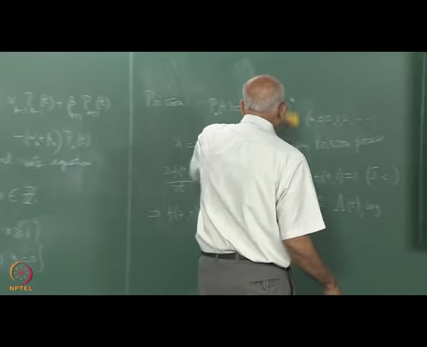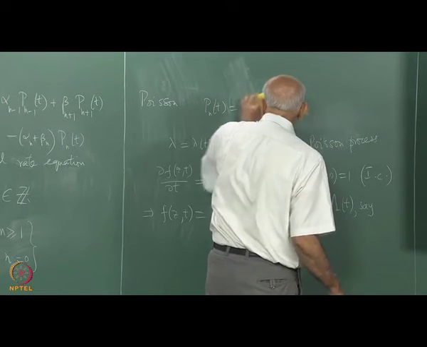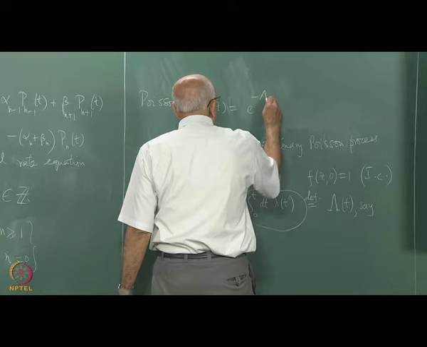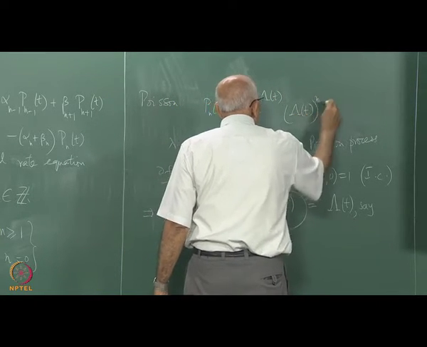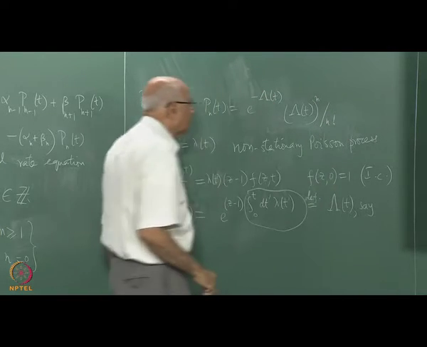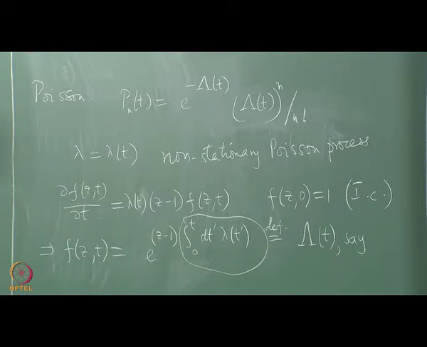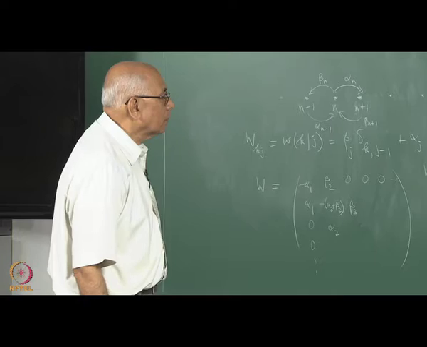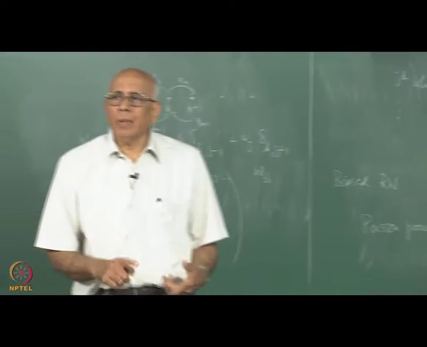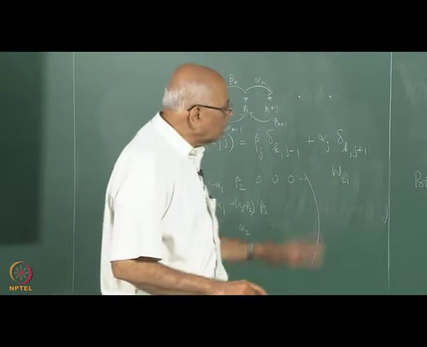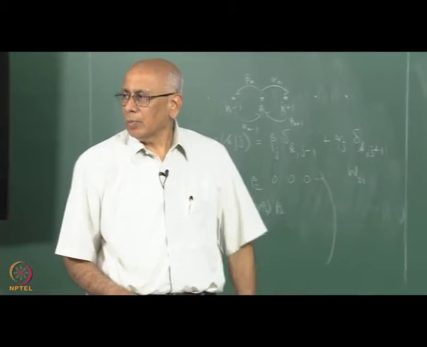So you would get exactly the same solution, except that you now have e to the minus Lambda of t, Lambda of t to the power n over n factorial, and that is it. Okay. So making it non-stationary is quite trivial. You get the solution immediately. This occurs in the problem of what is called time dependent shot noise, okay. But it is a trivial extension of the original Poisson process.